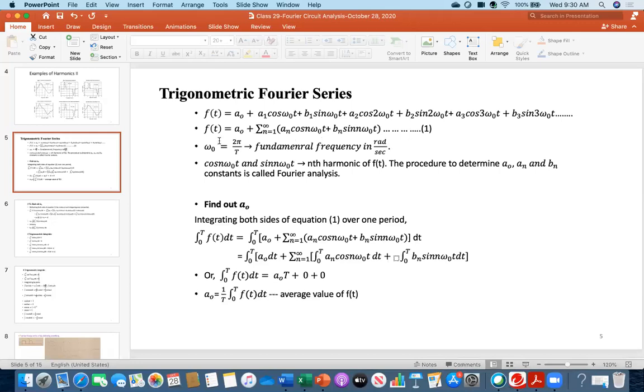Just note down the equation in generalized format: f(t) equals a naught plus summation n equal to 1 to infinity, and in parenthesis, a n cosine n omega naught t plus b n sine n omega naught t, parenthesis close, where omega naught is 2 pi by T. Have you all written down? Please take your pen and paper.